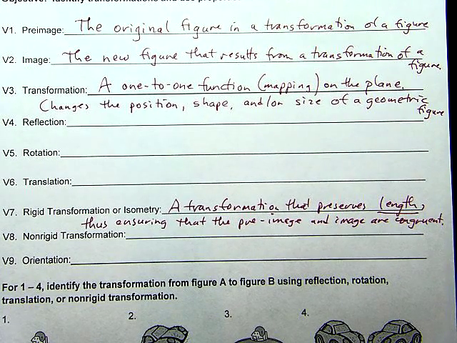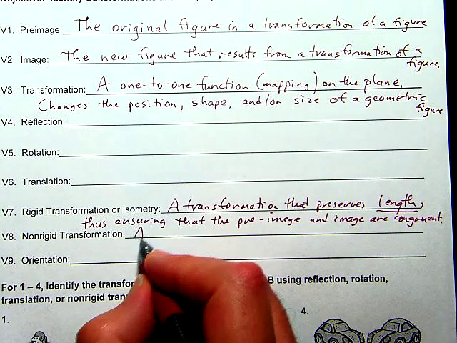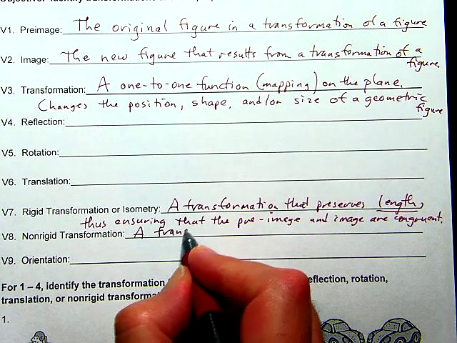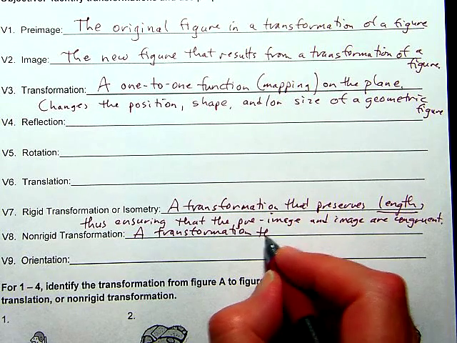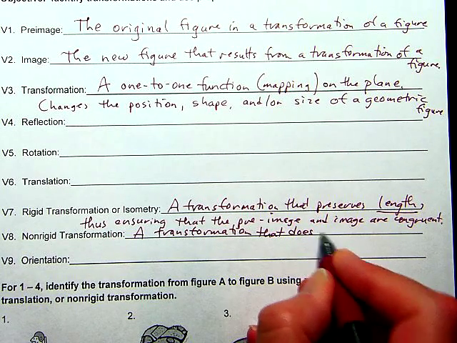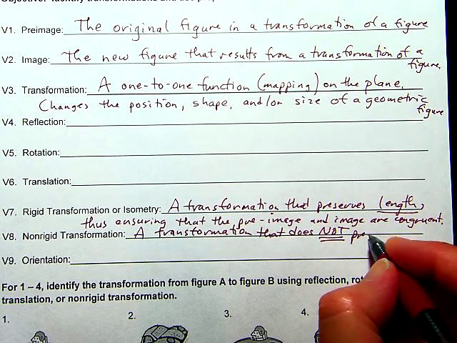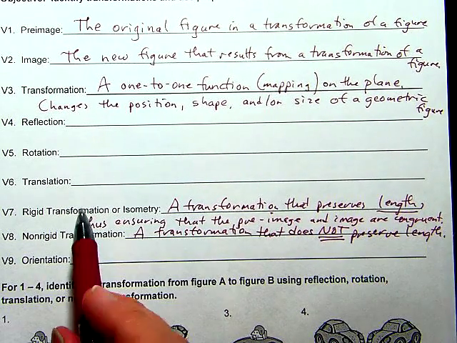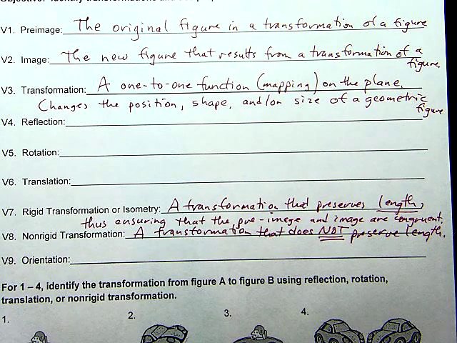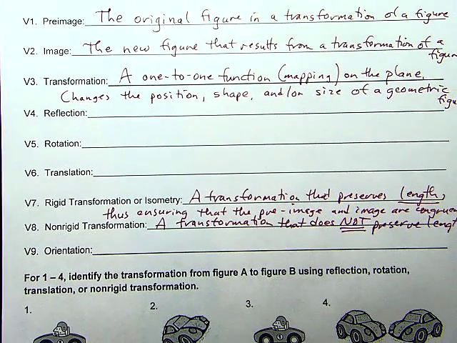Okay, and a non-rigid transformation is a transformation that does not preserve length. Okay, so these are sort of opposites of each other. Now with this information, let's go back and let's talk about the first of our transformations, which is reflection.